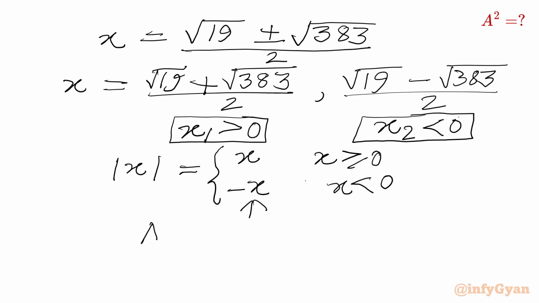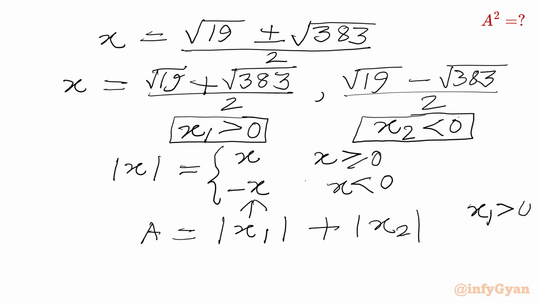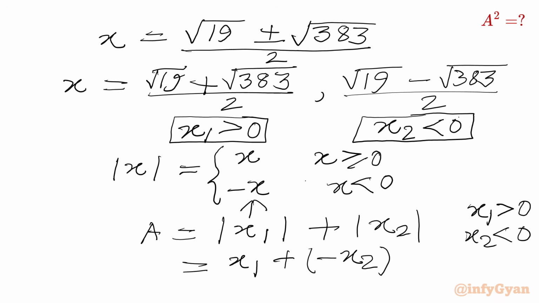So let me write here a first. Mod x1 plus mod x2. x1 is positive, x2 is negative. By this formula, we will write x1 plus, in place of mod x2, we have to write minus x2 because x2 is negative.